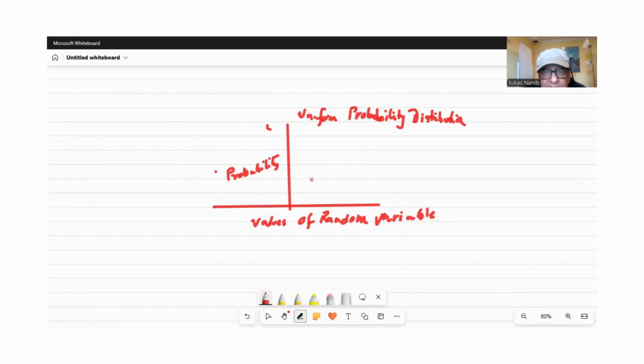So a uniform probability distribution, as the name implies, will have the same relative frequency or same probability value within a certain interval. So basically it will be a rectangle. Let me draw that better.